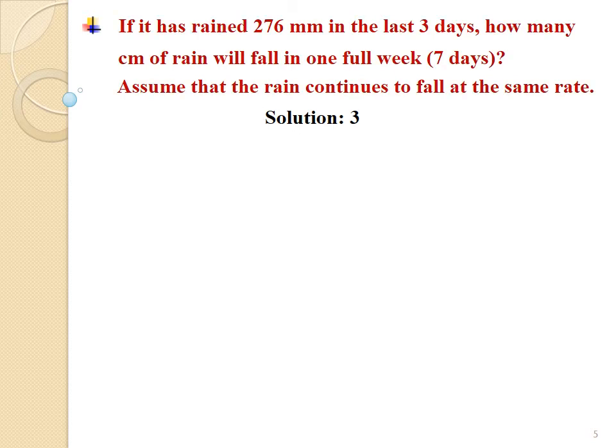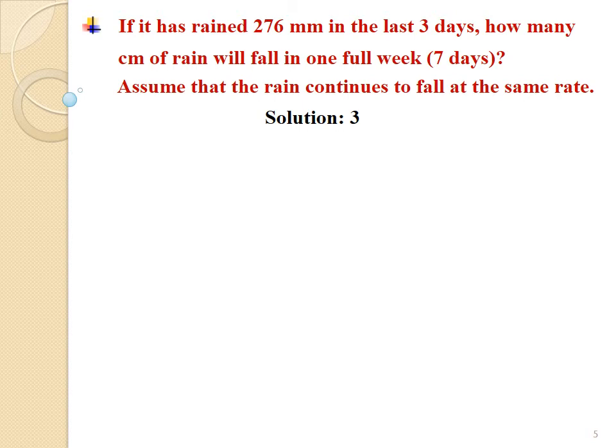Students, in this question, we have to find how many centimeters of rain will fall in 7 days. And we have been given that it rained 276 millimeters in last 3 days.